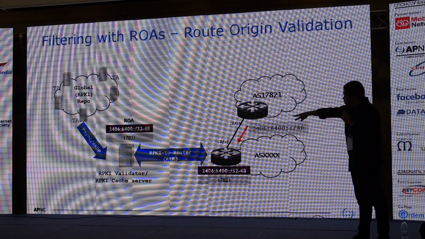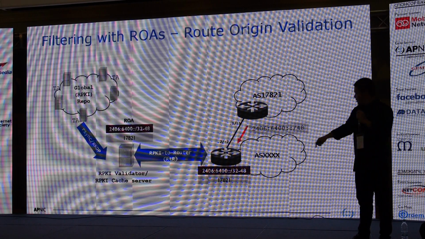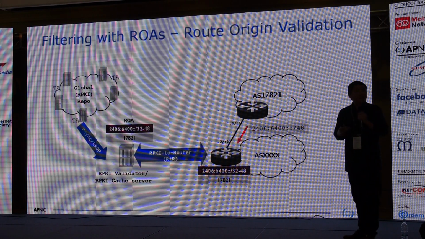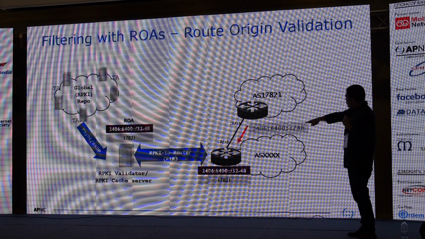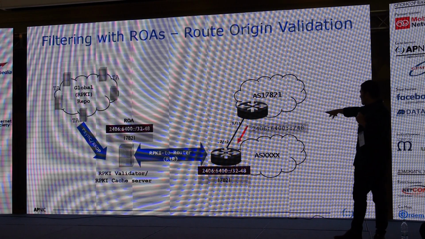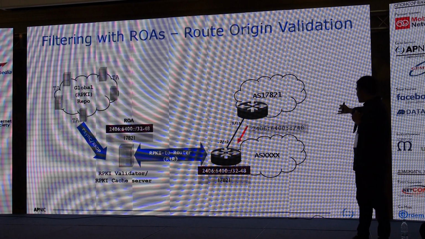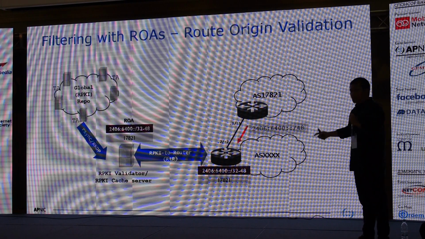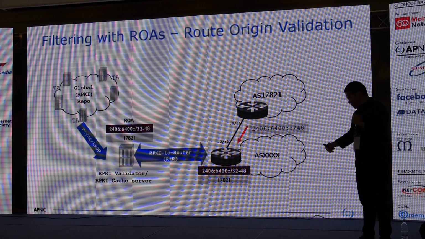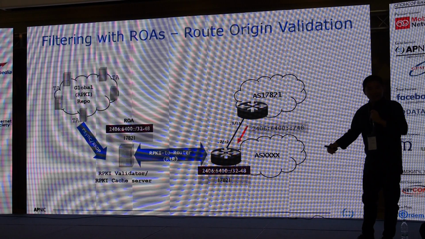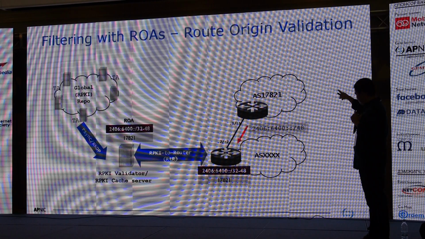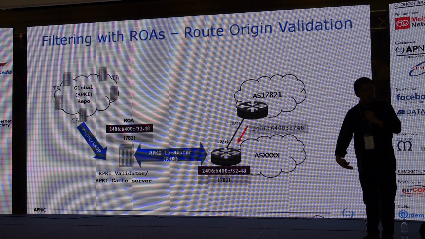My border routers talk over the RTR protocol, right? So my router now has a cache of the validated ROAs. Whenever my border router talks to some other network, and that network, let's say in this example, is announcing a 2406:6400::/48, it comes to my border router. Before I accept that route, I go, hold on, let me look at the ROA database, the validated cache. I see that prefix, I see it's coming from that AS, and I look at my validated cache of ROAs.